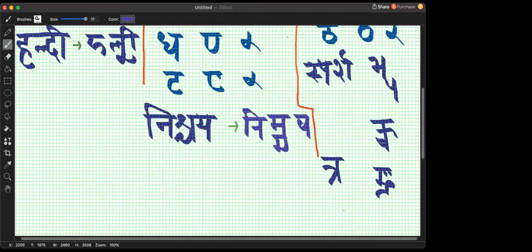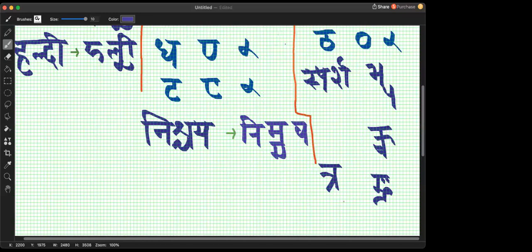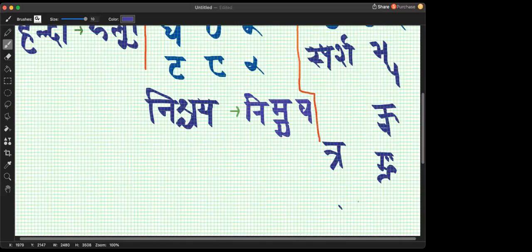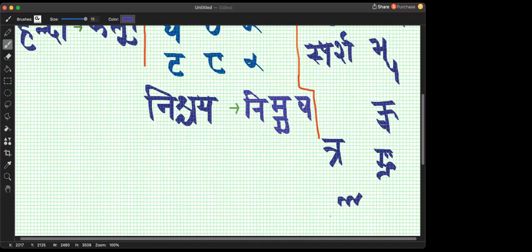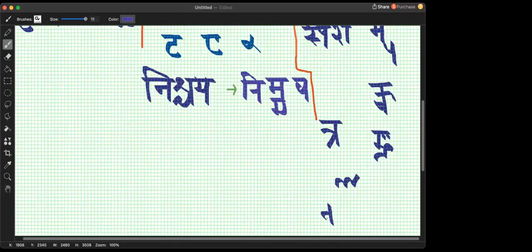And when you're writing no, you all might ask, no is like this. So if you're writing no, where will you take up the conjunct? Suppose I'll take up a word called kantha. Okay, so this is kantha.